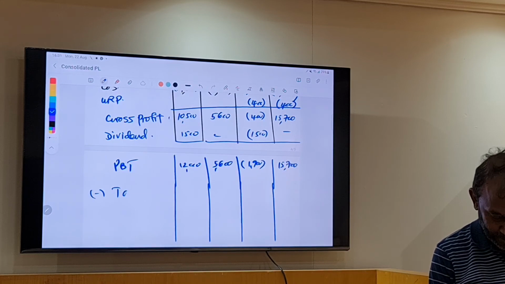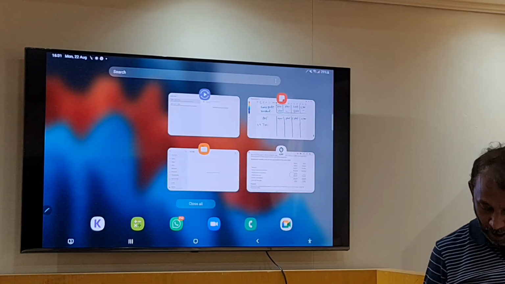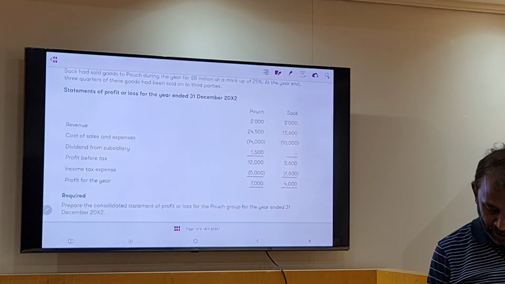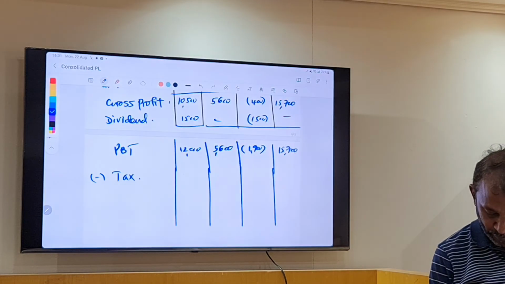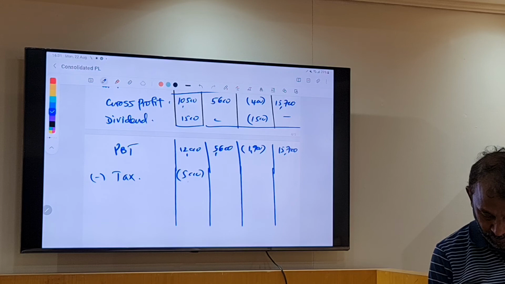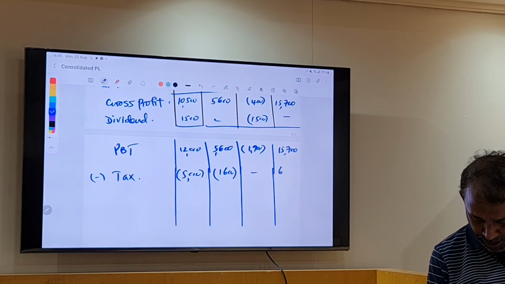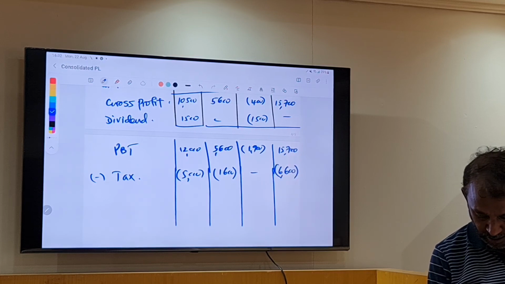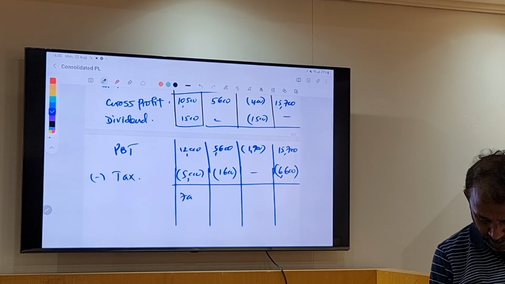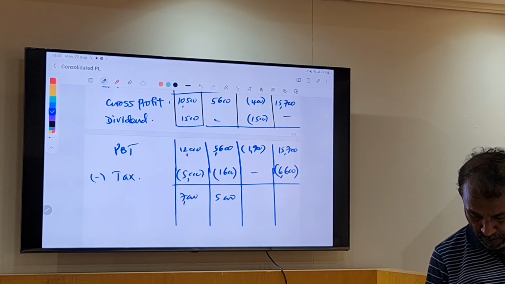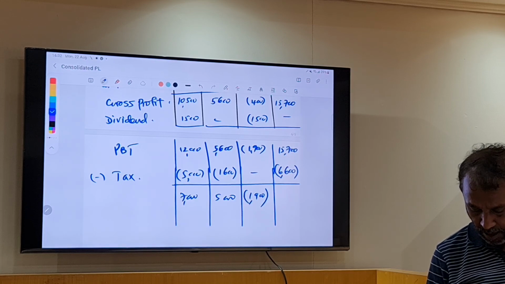Minus tax. How much is the tax? 5,000 and 1,600. 4,000 on 12,000?